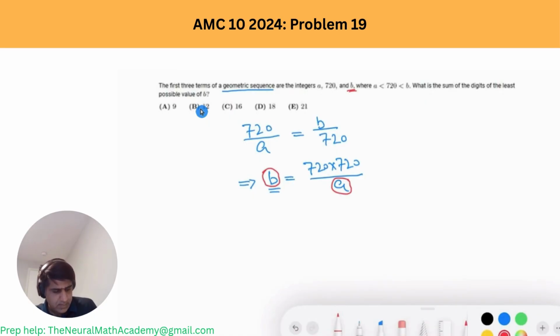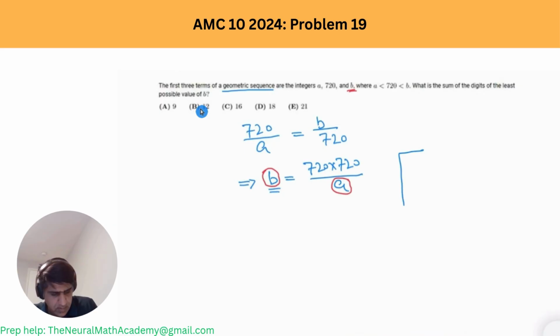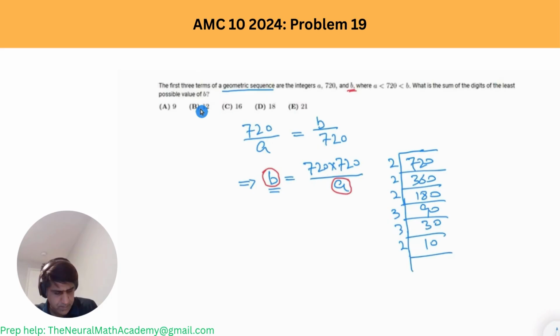So now what we can do, we can get the factors for 720, and if I quickly do that, I would get the factors for 720.